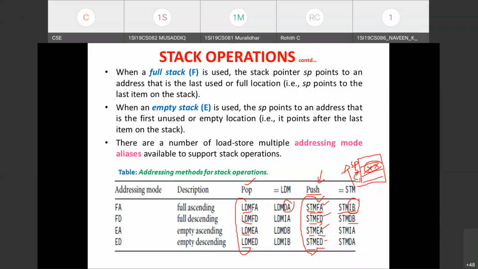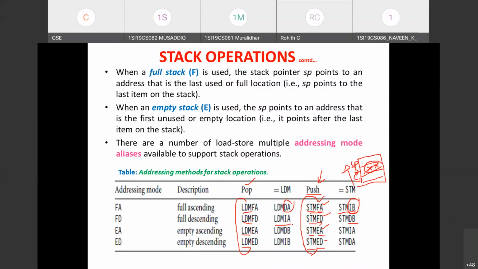So if it is DB, then you can easily say it is the LDM IA instruction, the equivalent instruction for pop, that is LDM FD. So how is it LDM IA, increment after? To perform the deletion operation from the stack, we need to first retrieve the data from the stack wherever the stack pointer is pointing to, and then we need to increment the stack pointer by 4.